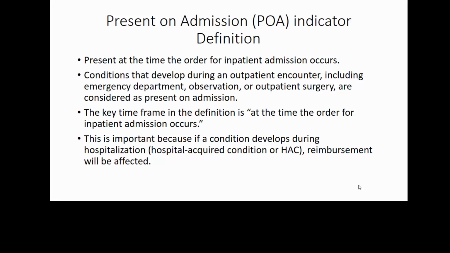So the key time frame in this definition is at the time the order for inpatient admission occurs. Why is this important? Because if a condition develops during hospitalization, it's now called a hospital-acquired condition, or a HAC. Reimbursement is going to be affected by that.